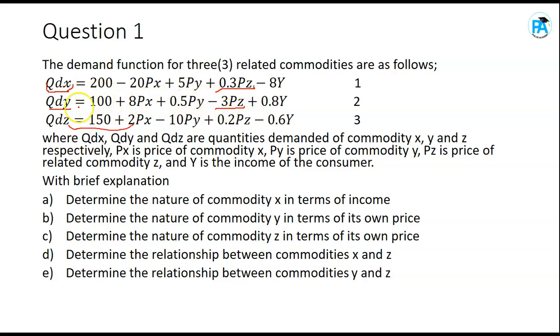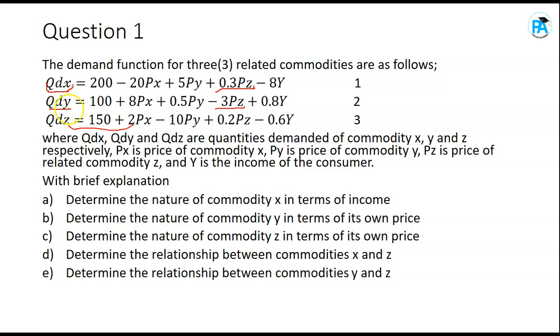It's a negative relationship. Whenever there is a negative relationship between quantity demand of a particular commodity and price of another commodity, it is a complementary good. It is complementary because when the price decreases and the quantity demand of this is increasing, it means they are complements. That's why the quantity demand of this increases. They are jointly demanded. Are you following?